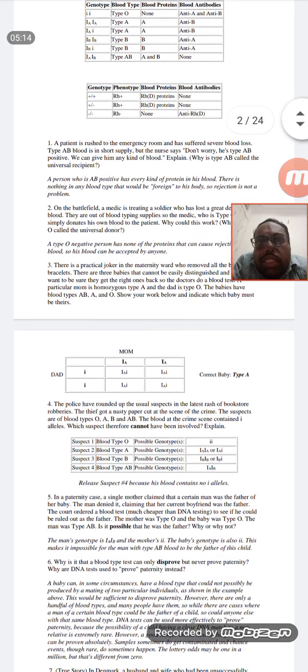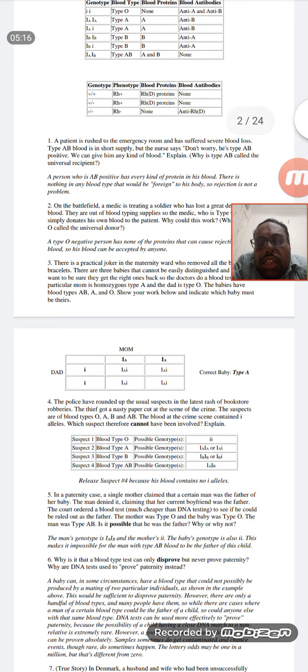So first question: a patient is rushed to the emergency room and has suffered severe blood loss. Type AB blood is in short supply, but the nurse says don't worry, he is type AB positive, we can give him any kind of blood. Explain why type AB is called the universal recipient.